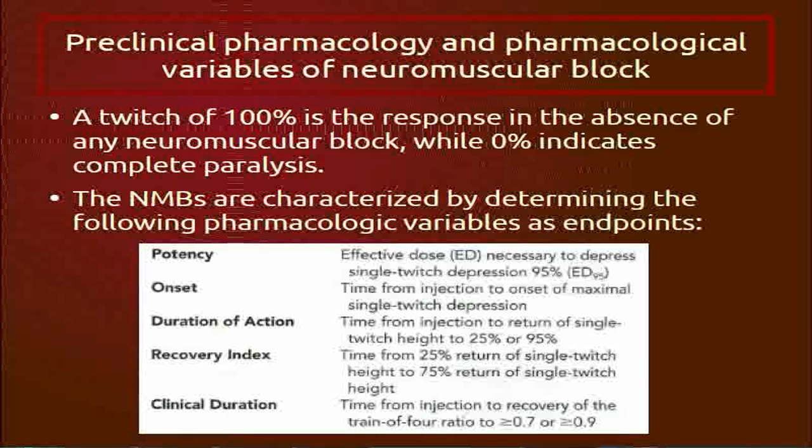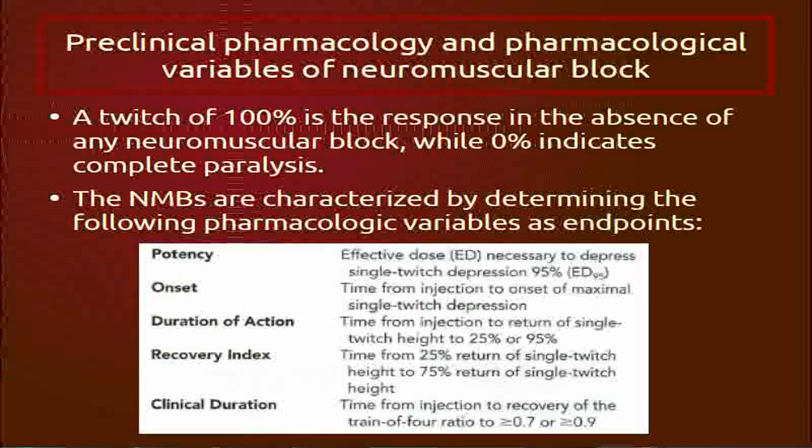If a drug is very potent, that drug's dose is going to be fairly small to give me 95% twitch depression. So it's going to take less of a dose to see my twitch response fall.